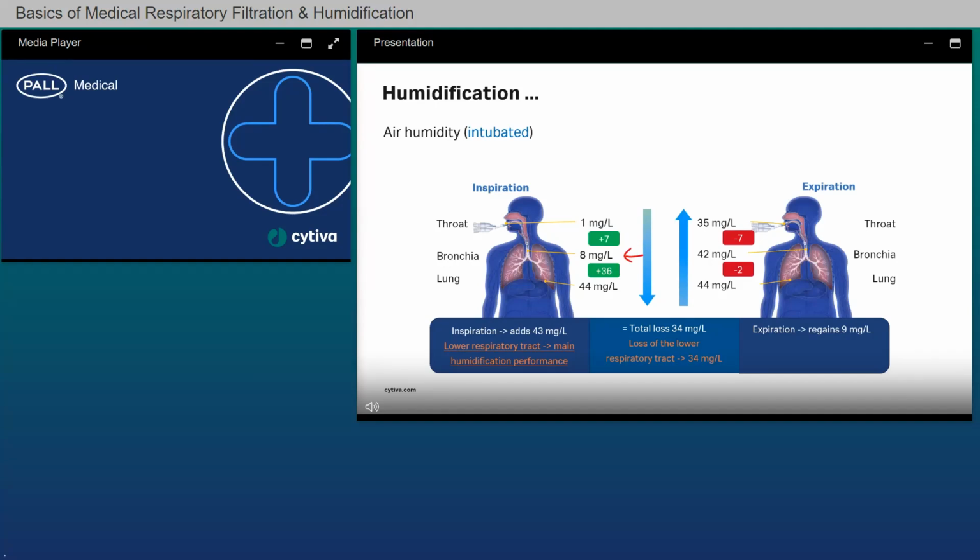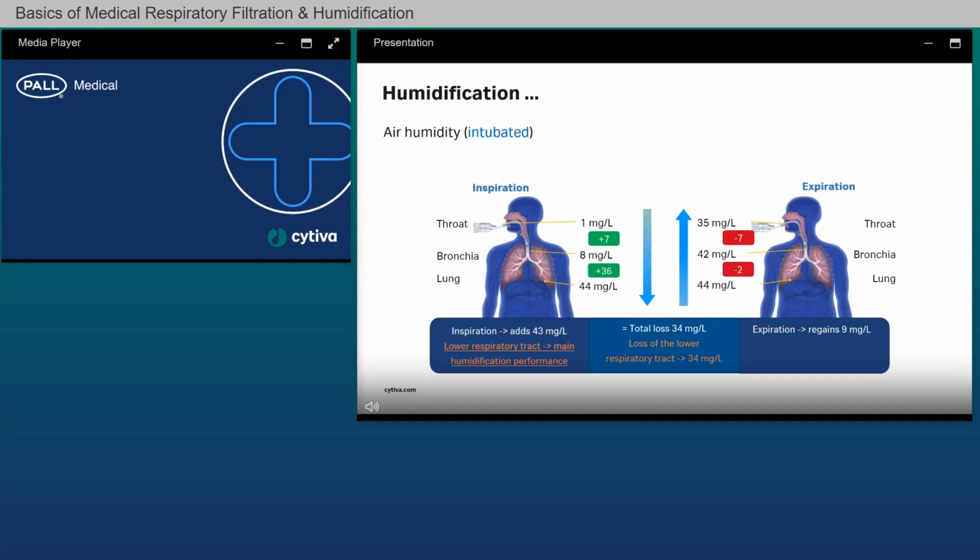Now we're only at a level of 8 milligram per liter, meaning the lower respiratory tract would now have to add 36 milligram per liter to get to the required 44 milligram per liter for physiological conditions. And obviously our body is not designed to do that for long, and we would damage the lung.